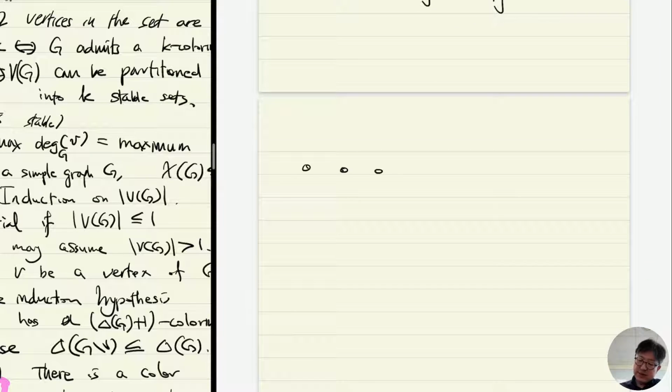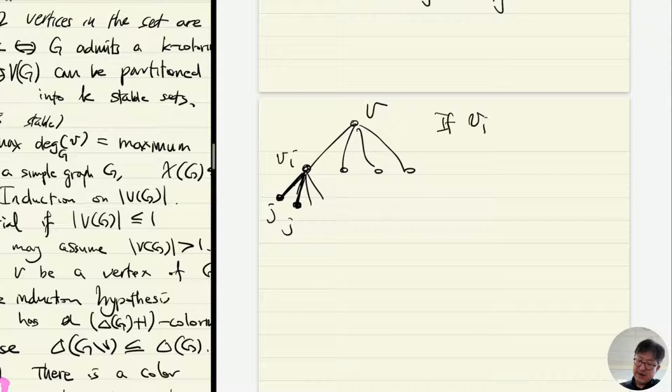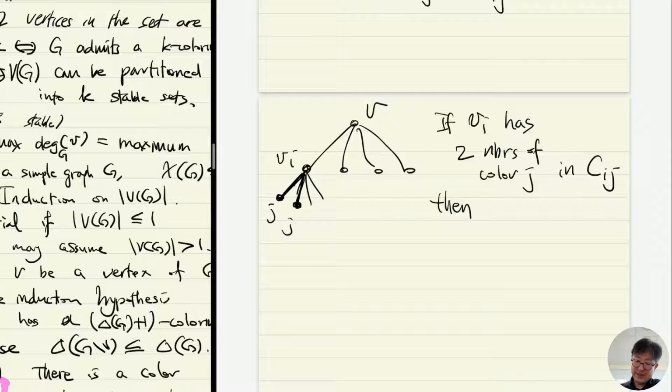Now let's look at this picture. So this is V, and let's say this is Vi. If Vi has two neighbors of color j in Cij, then what can you say?